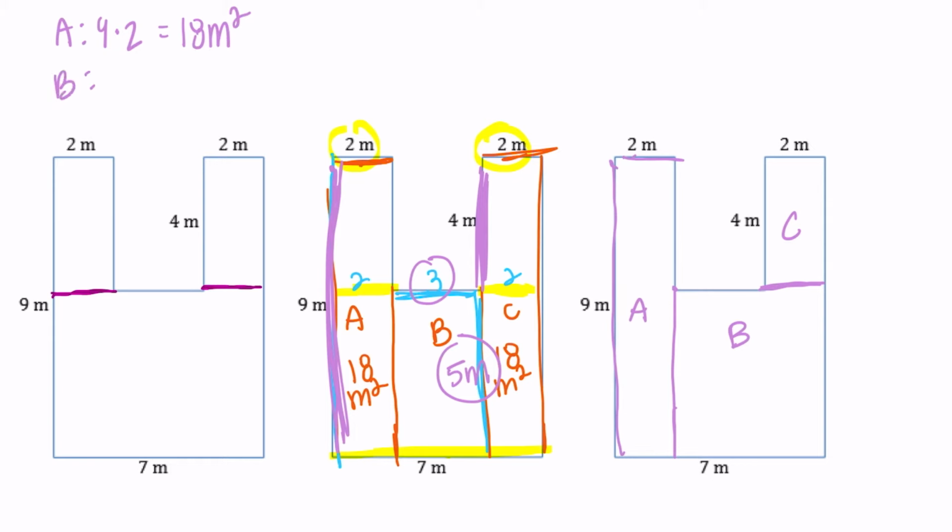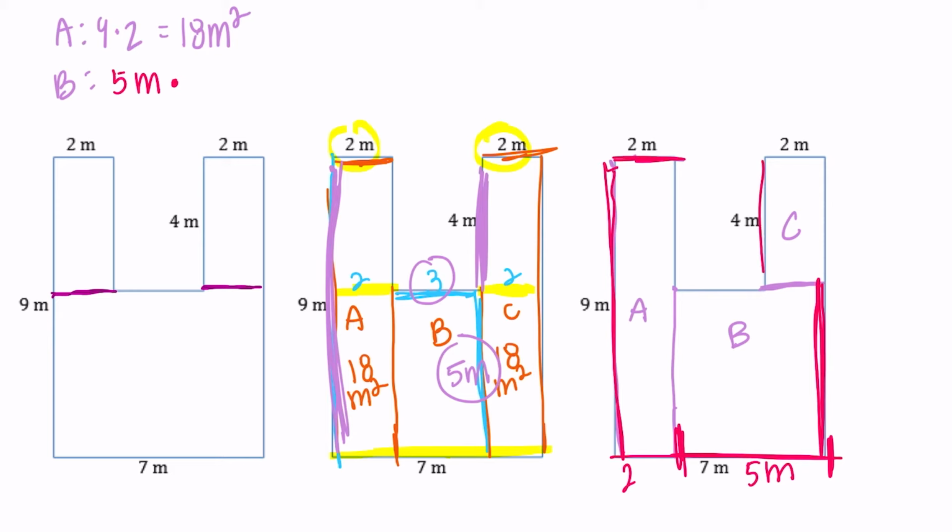Then B, so the whole thing here is 7, but I just want to know this piece right here. So I know that this part is 2. So if that's 2, what's left would be 5 meters times this height right here. The whole thing is 9. This part is 4. So 4 plus this 5 meters gives us the 9 meters. So 5 meters by 5 meters would be 25 meters squared.